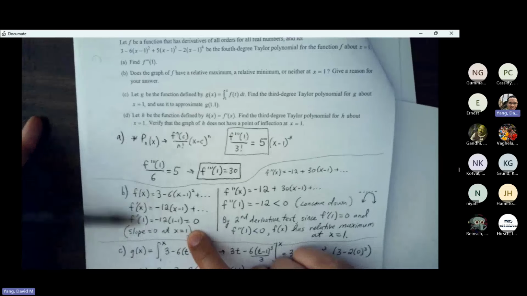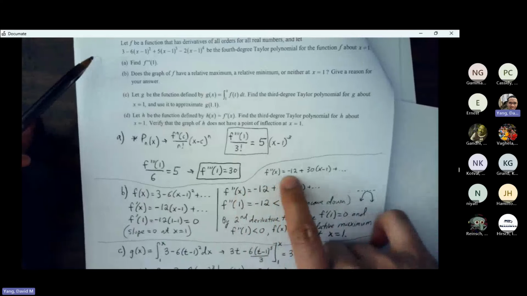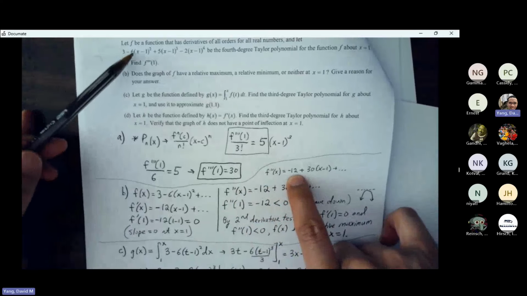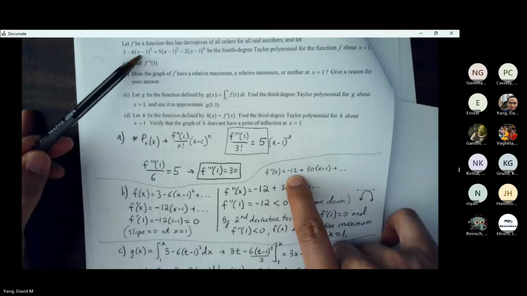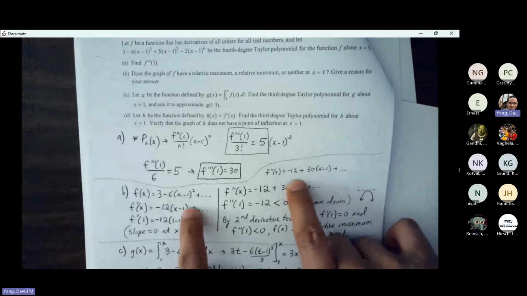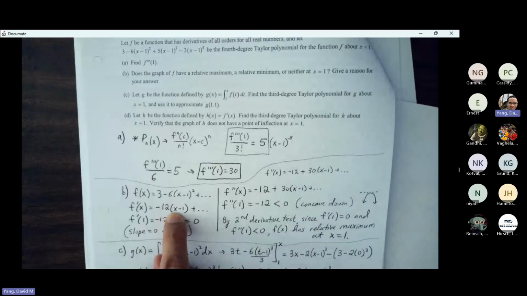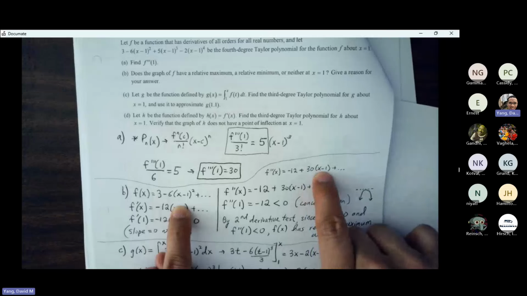Now, how do we know whether this is going to be a relative max or relative min? Let's look at the second derivative. So f double prime would be negative 12 plus 30 times x minus 1. Imagine we found f prime already. I'm sorry, this is f prime. So if I want to find the second derivative, it would be negative 12, this goes away, plus 30 times x minus 1.